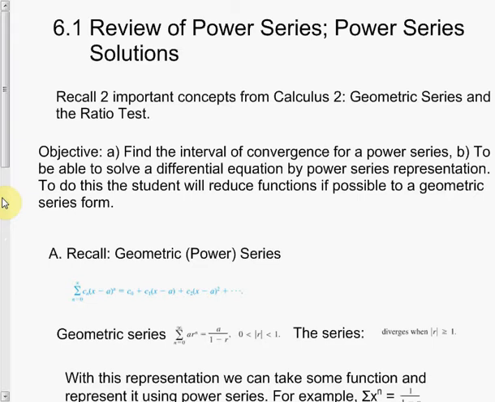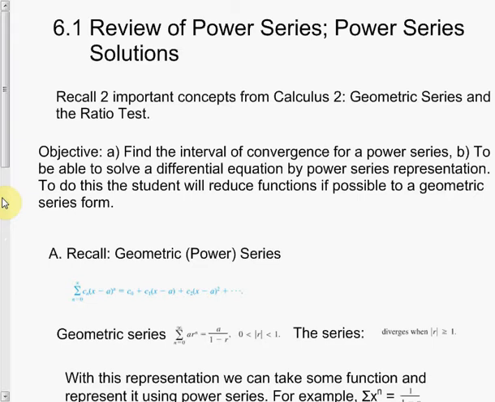Good. Section 6.1, half of it is a review of power series from chapter 9 in the Larson calculus textbook. I think sections 9.6 to 9.10 is where we dealt with power series, how to solve using Maclaurin and also the Taylor expansion.